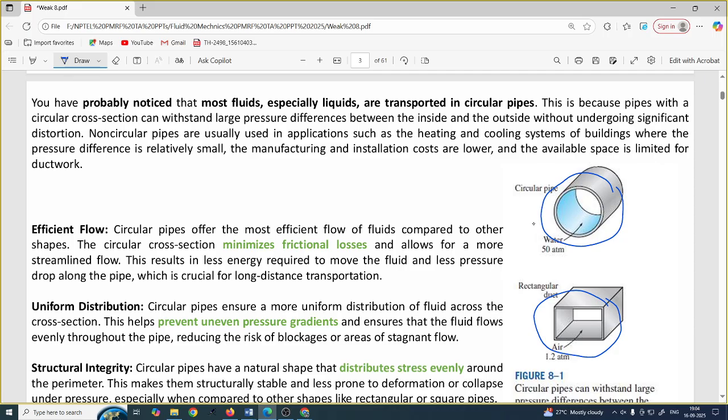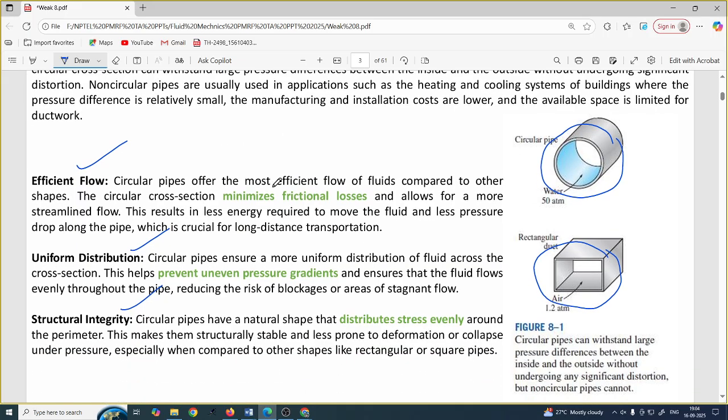The explanation is the efficiency of the flow, to minimize the friction losses. Due to this, we use the circular pipe.